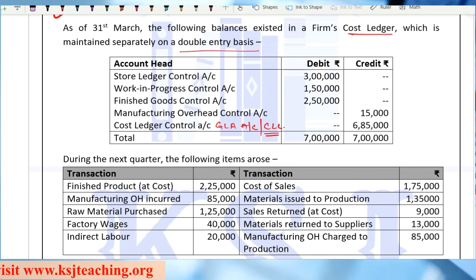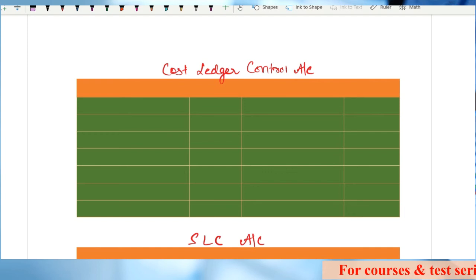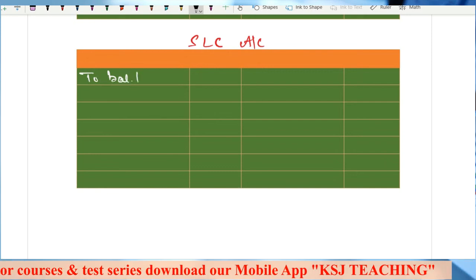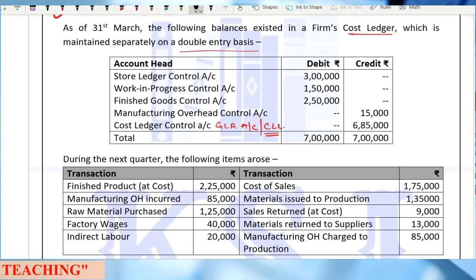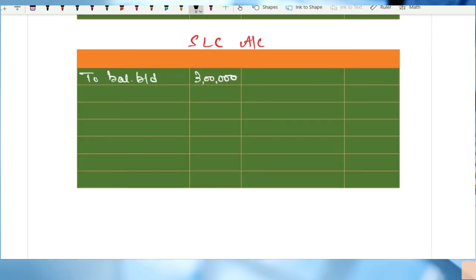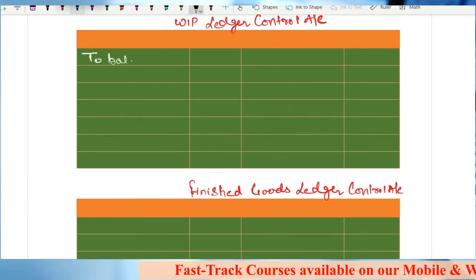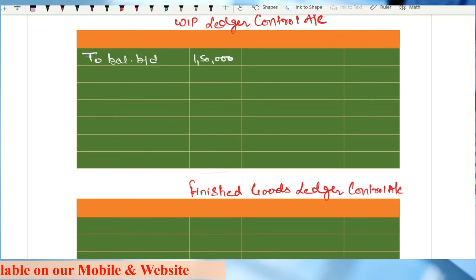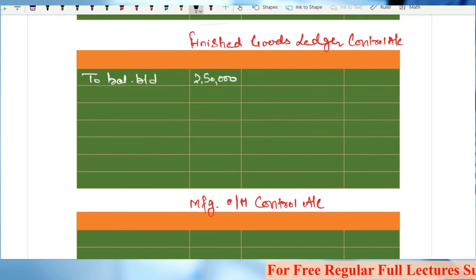First is SLC account 3 lakh. In the SLC, I will write to balance brought down, 3 lakh. Next is WIP 1,50,000, to balance brought down 1,50,000. Then finished goods 2,50,000, to balance brought down 2,50,000.